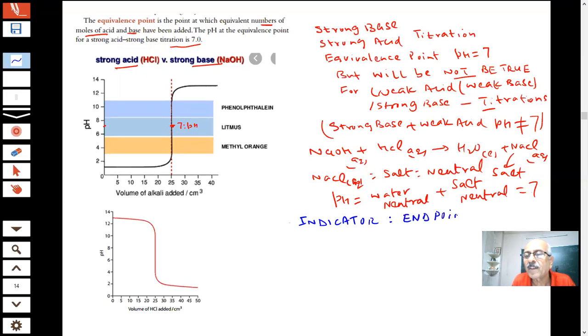When the end point has been reached, the indicator will change its color. You can see that here there is a maximum change in pH. So I should choose an indicator which has this range. The indicators have a range over which they change color.